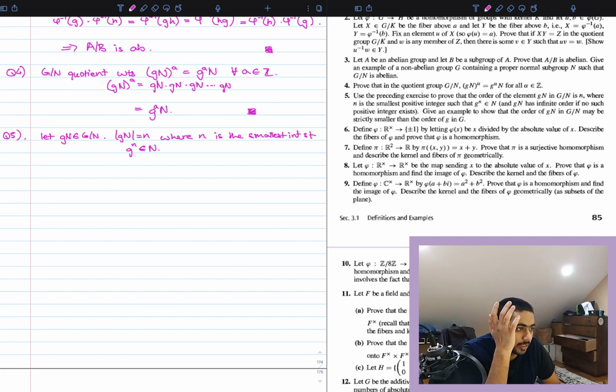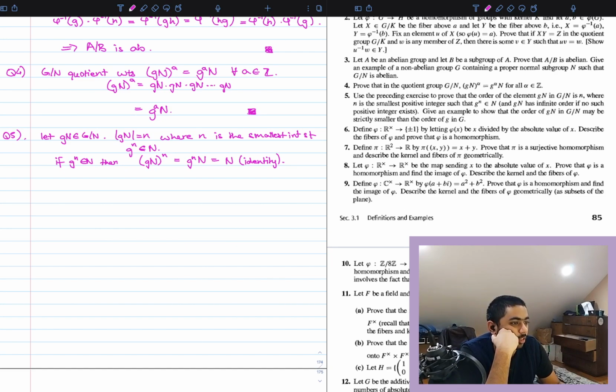Everything in N is the identity. And so if g to the n is in N, then certainly gN to the power n turns out to just be g to the n, as we showed in the previous exercise, which is just N because g to the n is itself inside N. Which is the identity in G mod N.